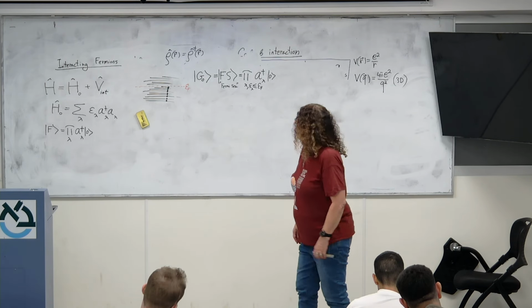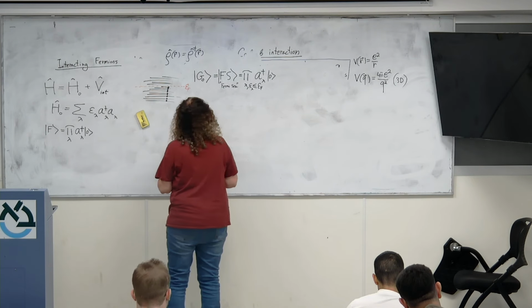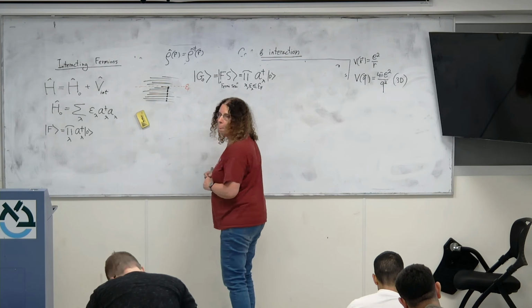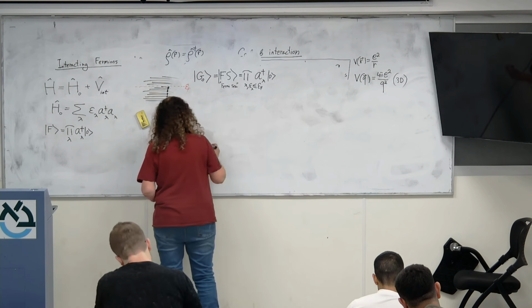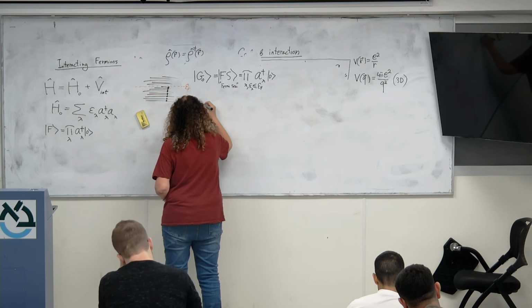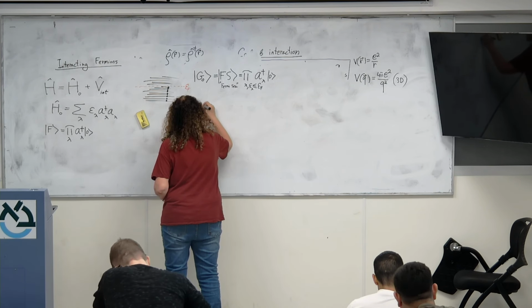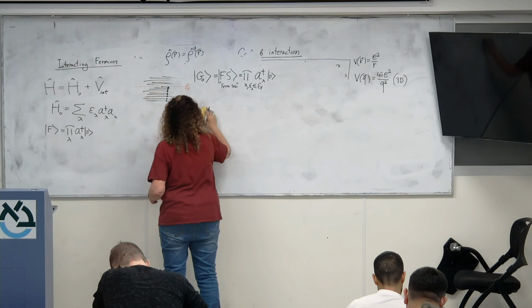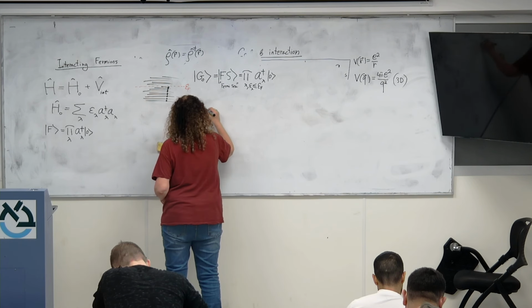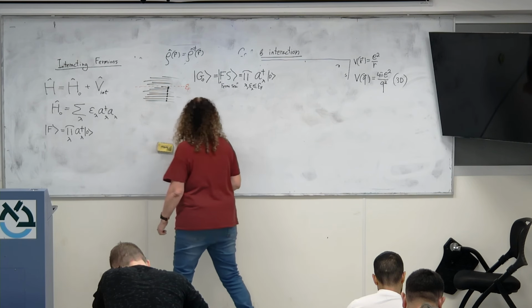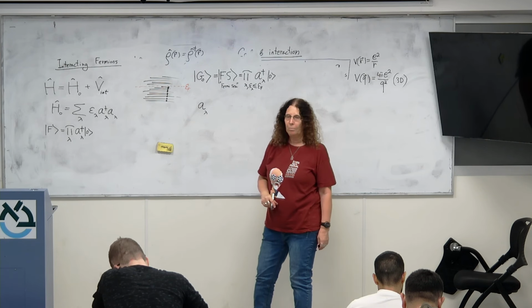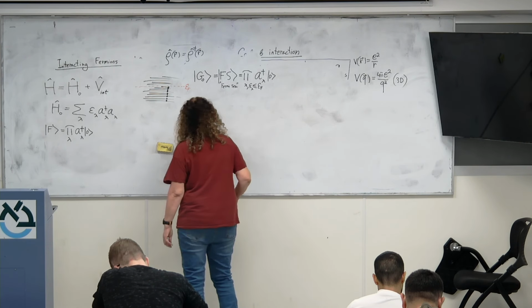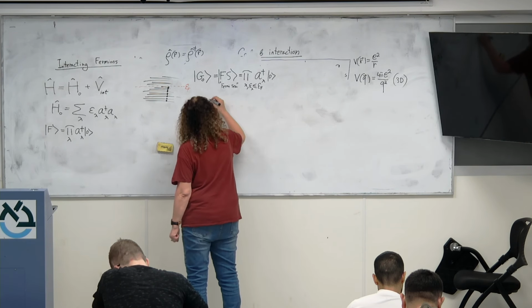Okay? Okay, so to see how we can do it, let's first take the annihilation operator A lambda for some lambda and apply it on the ground state.